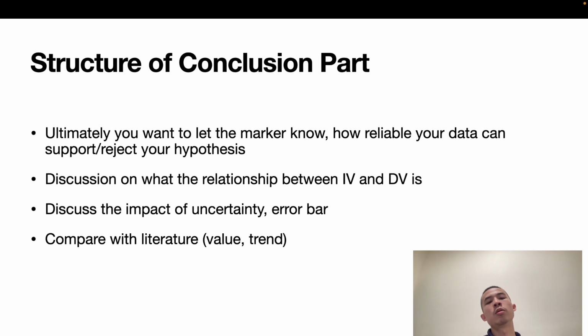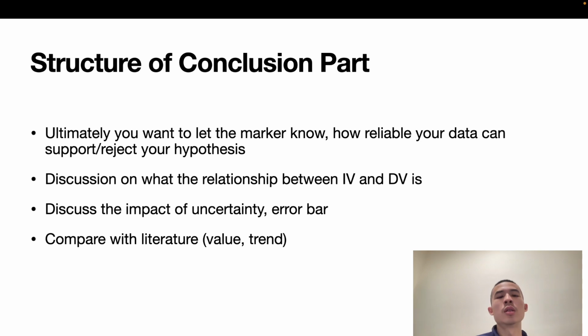The reason is that you want to discuss the impact of the uncertainty, or the impact of the error bars. You want to discuss how reliable your best fit line is, and then you also need to compare with a literature value. If there is no literature value, then at least you need to compare with a trend, or maybe with a theoretical framework, to see whether the data that you collected is reliable and matches what you theoretically hypothesized.